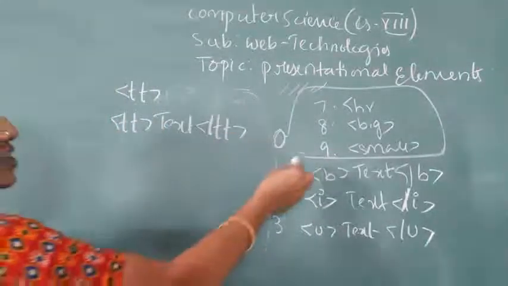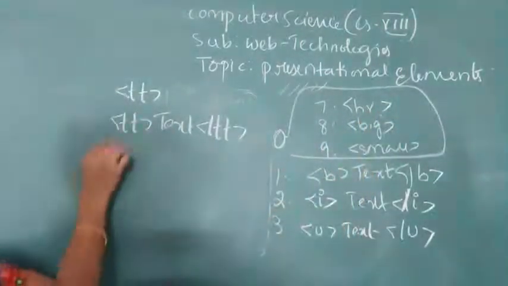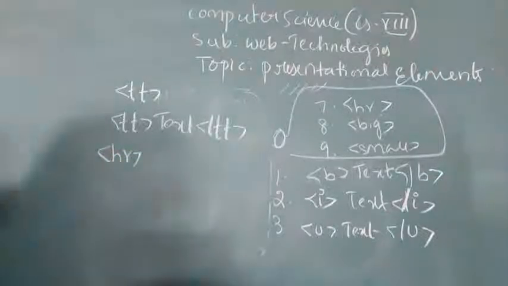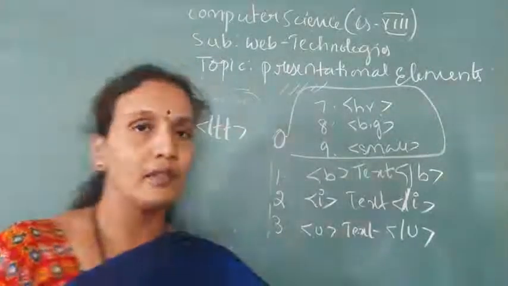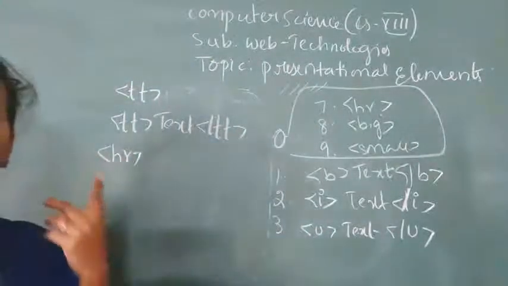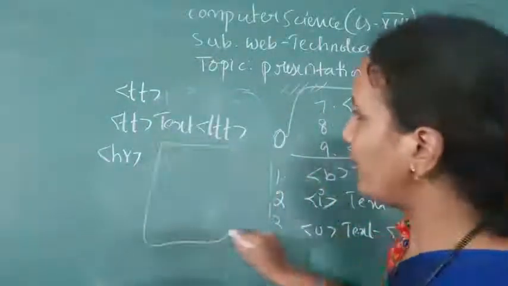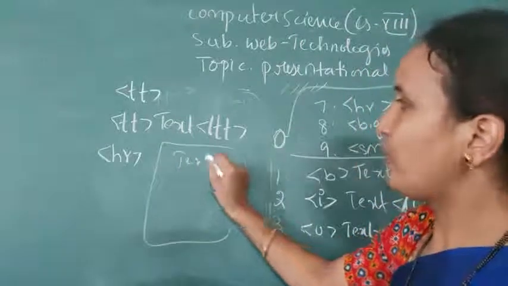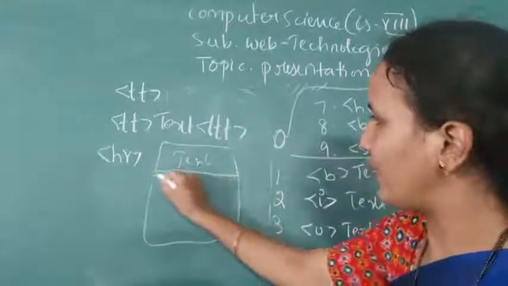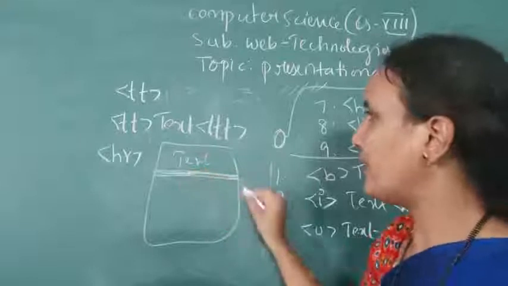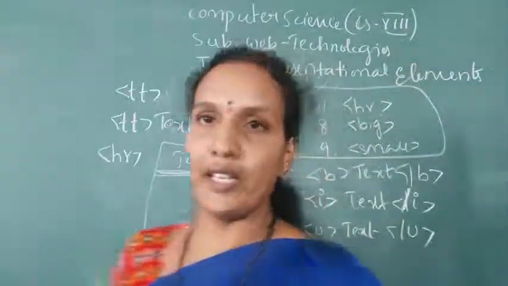Next, HR. Here, HR stands for horizontal ruler. What is the HR full form here? Horizontal ruler. For example, this is a document. In the document, after the text, if you want to display a horizontal ruler like this, then we can take the help of the HR tag.